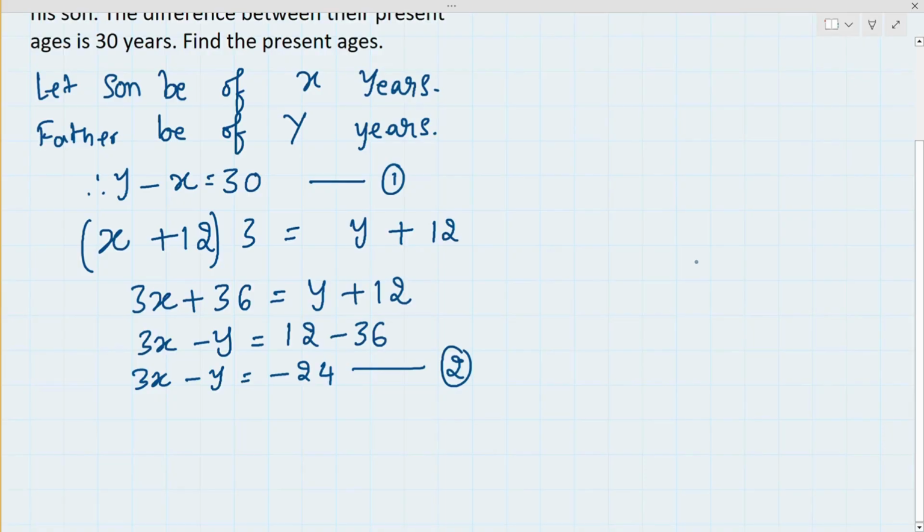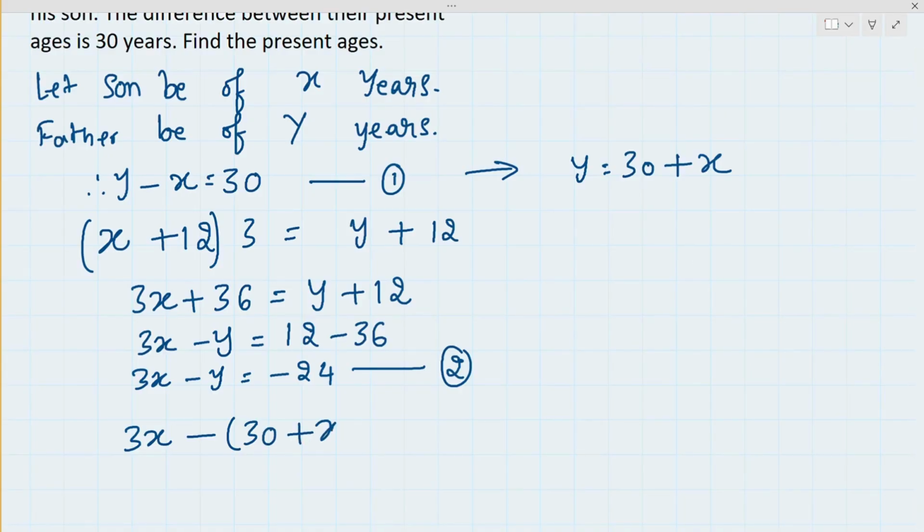So, by the first equation, we can reframe it to y is equal to, shifting x to the right side, 30 plus x. So substituting equation 1 in 2, 3x remains as it is, and instead of y, let me use 30 plus x, that's minus 24.